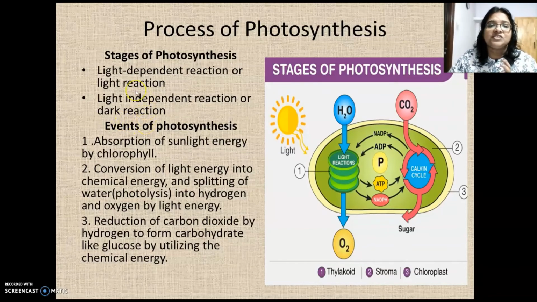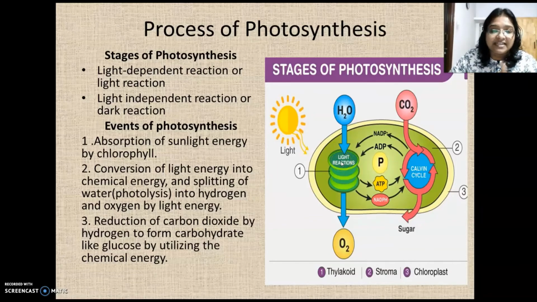Let's see what happens during light and dark reaction. During light reaction, what happens? The light energy from the sun is trapped by chlorophyll molecules. See, this is a representation of the granum. I told you the thylakoids of the granum have chlorophyll.